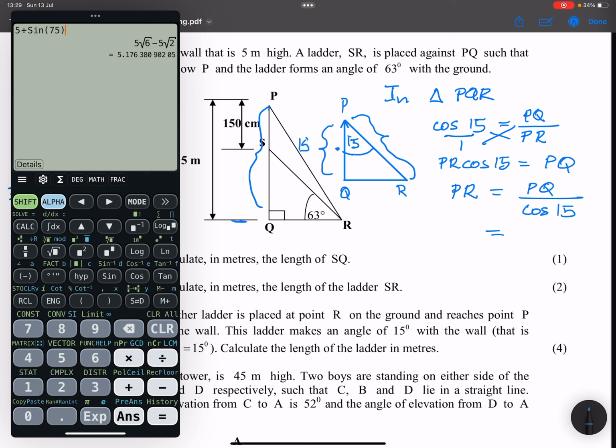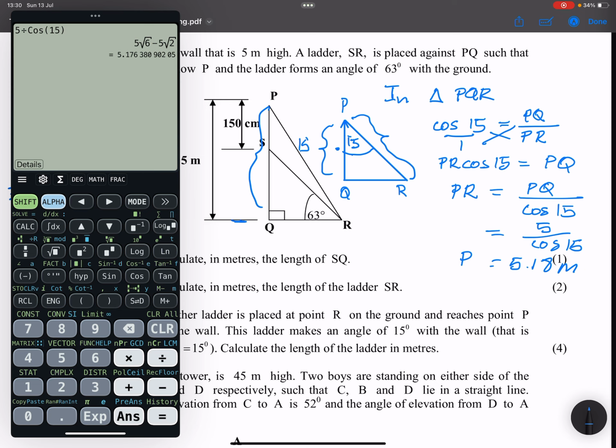And I want you guys to please note once again, PQ, that is 5 meters divided by cos of 15. So that's 5 divided by the cosine of 15. We get exactly the same answer, ladies and gents. So that's 5.18 meters.